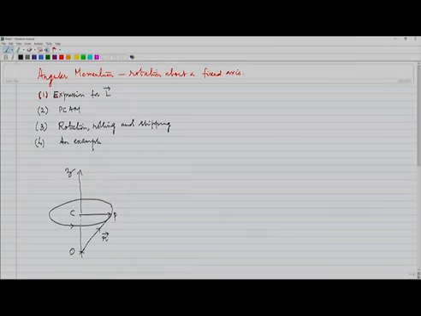Omega is the angular velocity, and m is the mass of the particle. Here we have two things. One is the linear velocity v, and the angular velocity vector I also need to indicate.